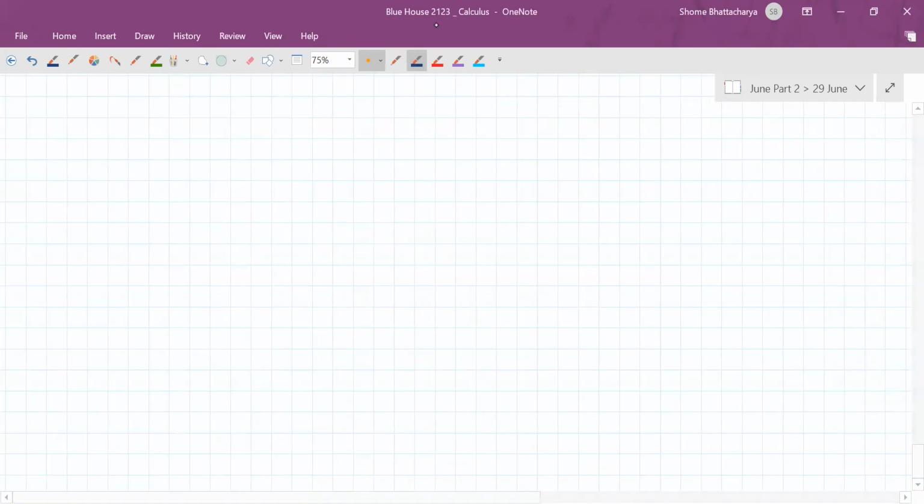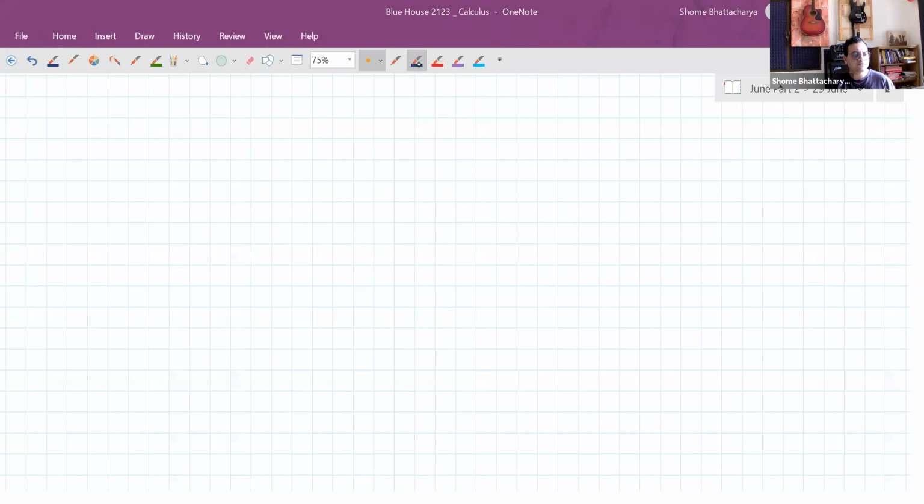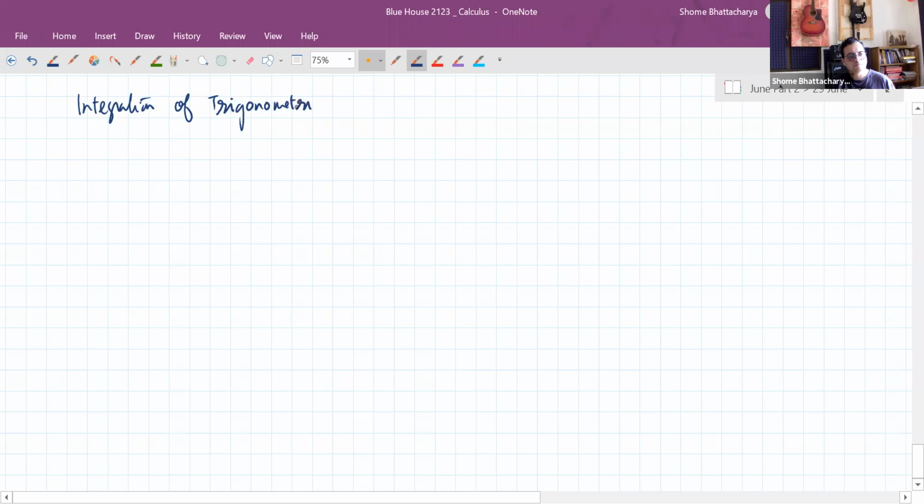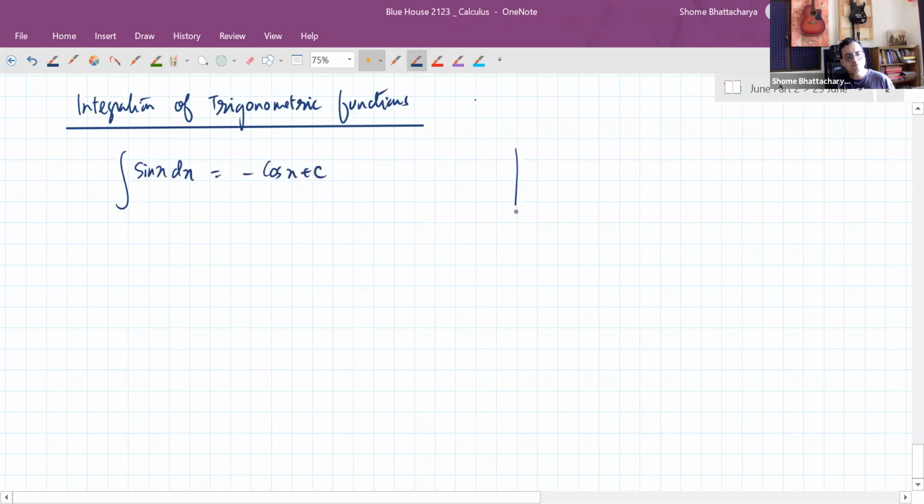Okay. Now moving on. Next thing we will see in integration is the integration of basic trigonometric functions. So integration of sin x is minus cos x, and the principle of this is very simple, that differentiation of cos x is minus sin x.